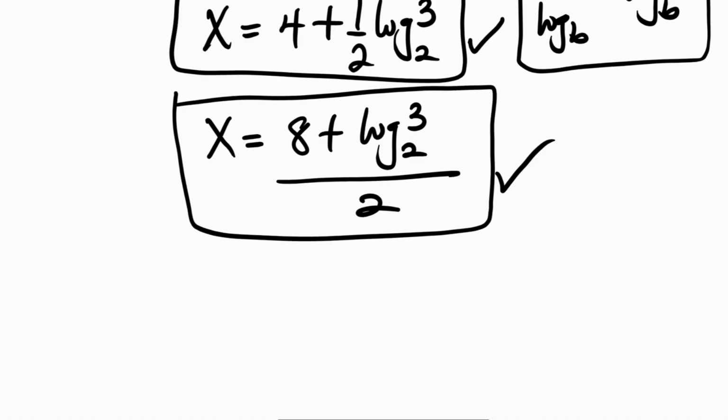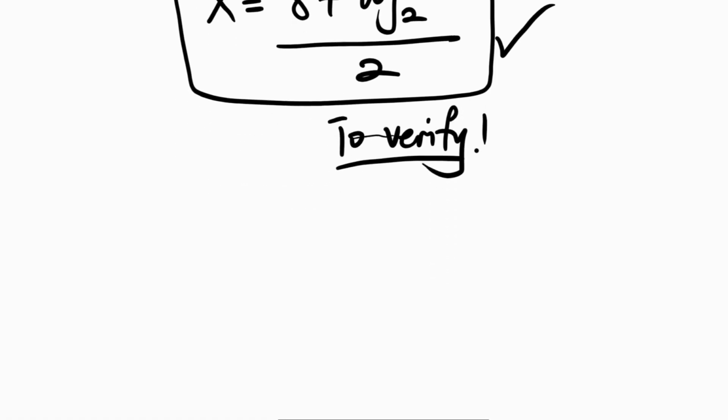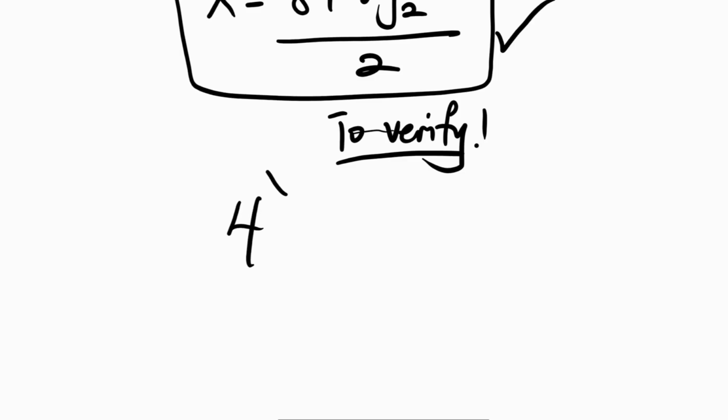Now, we've arrived at our final answer for x, but we need to verify to make sure that our value of x is correct. So, to verify, our question says 4 raised to the power x minus 2 is equal to 48. So the task is to plug in our value of x into the question to see if the left-hand side becomes equal to the right-hand side.